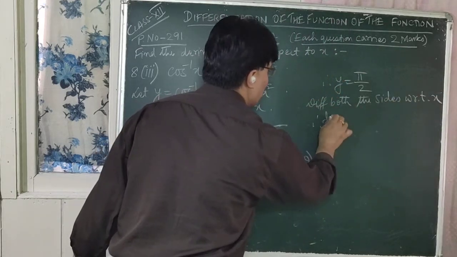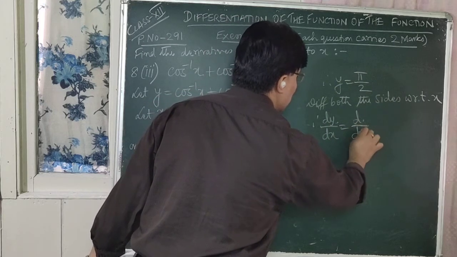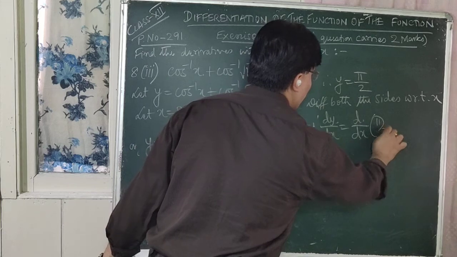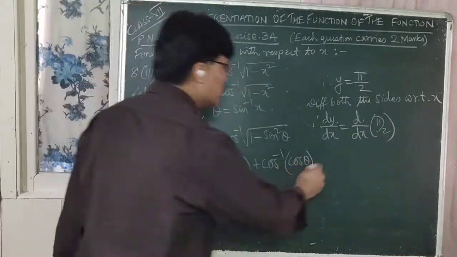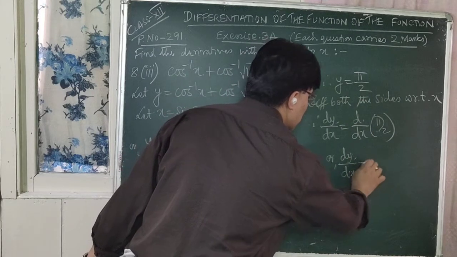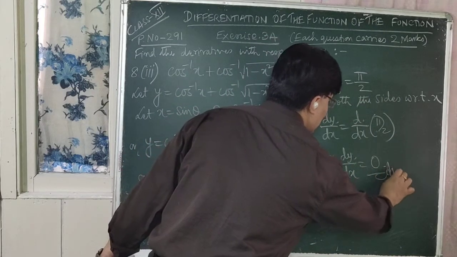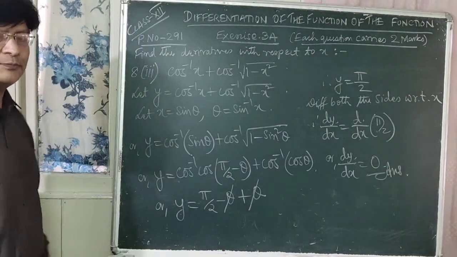So therefore dy by dx is equal to dy dx of pi by 2, right? So what is dy dx of pi by 2? It is 0. So or dy by dx is equal to, what is the answer? The answer is 0.